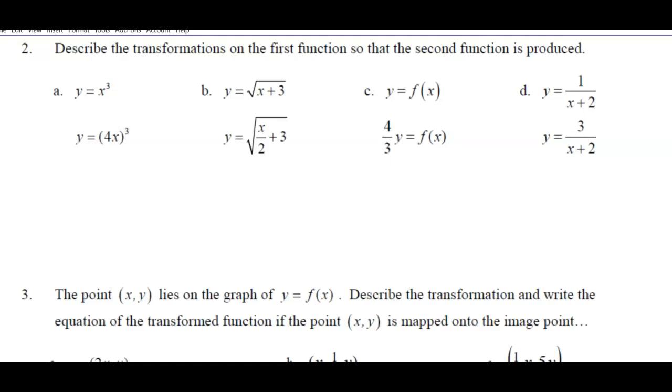So if you replace x with 4x, okay, that's a horizontal because it's with x's. So horizontal, I'm just going to abbreviate with hs, okay, by about the y-axis by a factor of 1/4. Take the reciprocal.